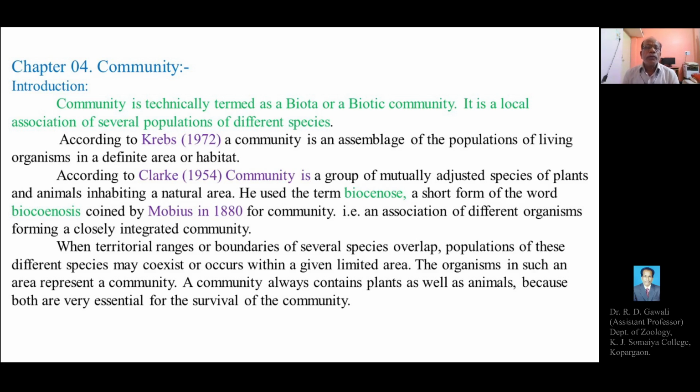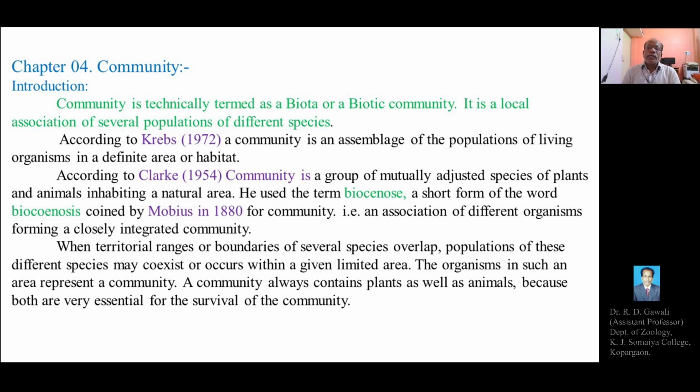So, according to Mobius, the term biocenosis is coined by Mobius in 1880 for the community. Thus, biocenosis means an association of different organisms forming a closely integrated community.